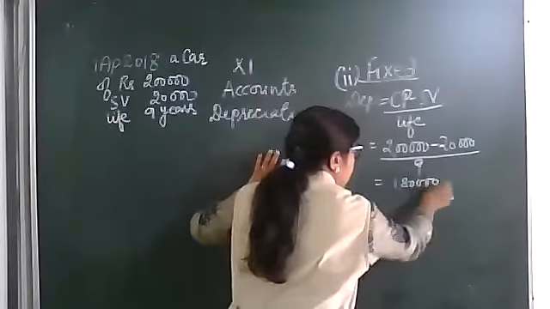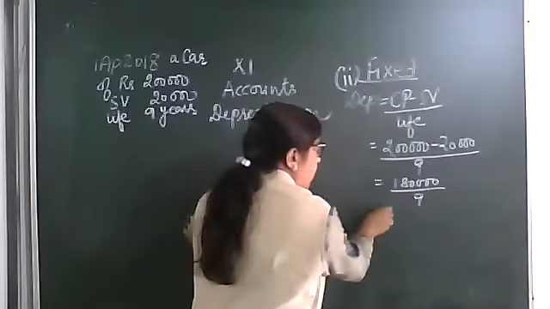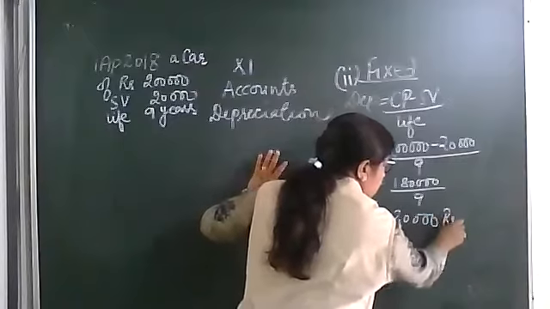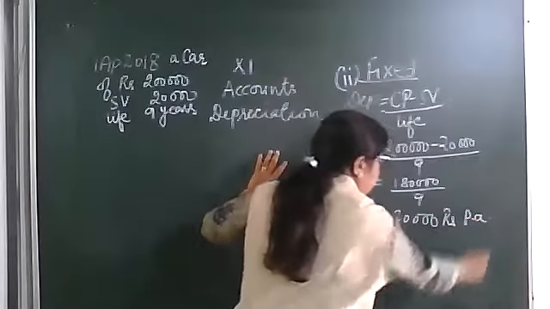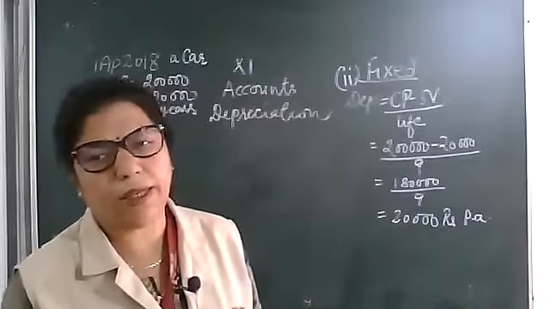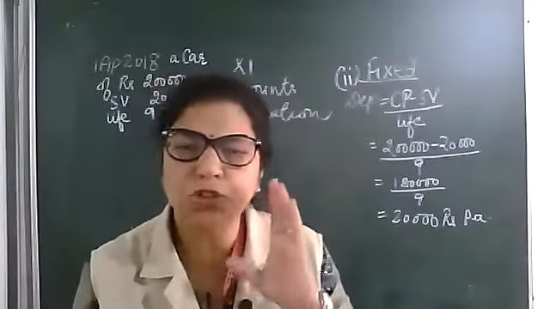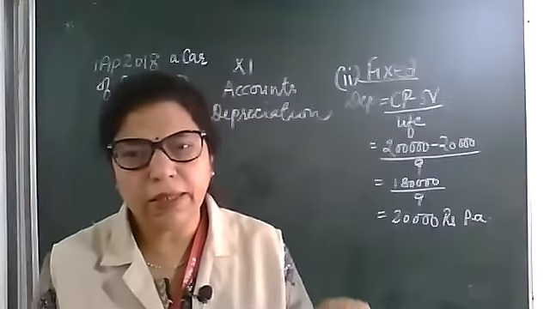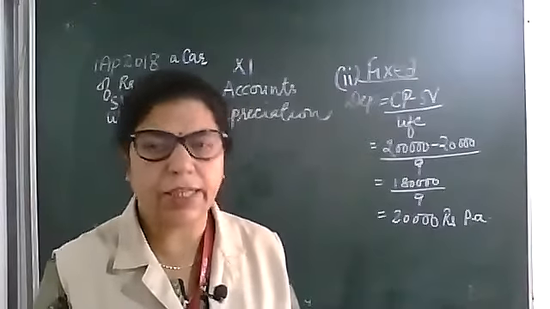Then 1,80,000 divided by 9 is 20,000 rupees per annum. See, we have to put the values in the formula: cost price minus scrap value upon life.